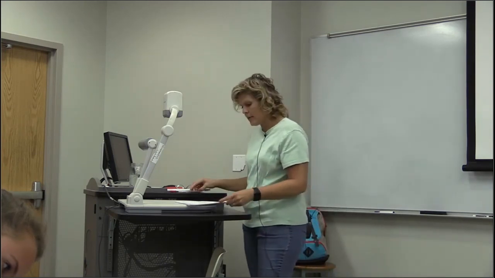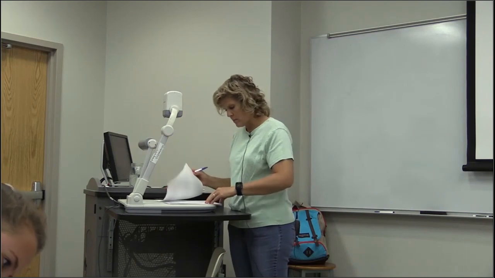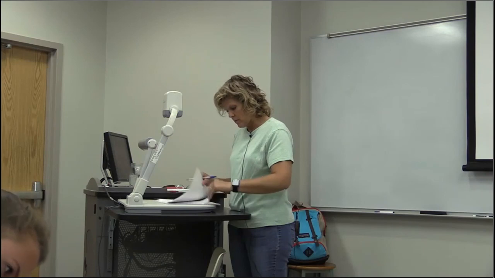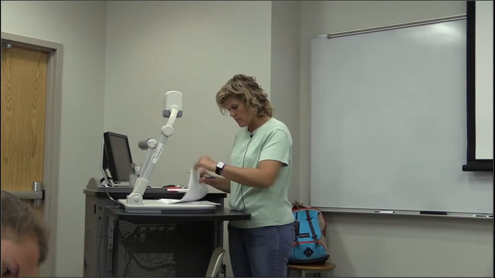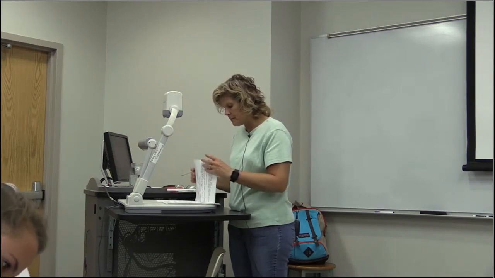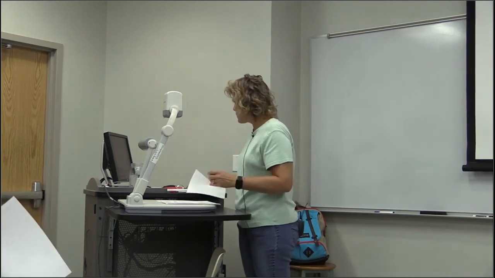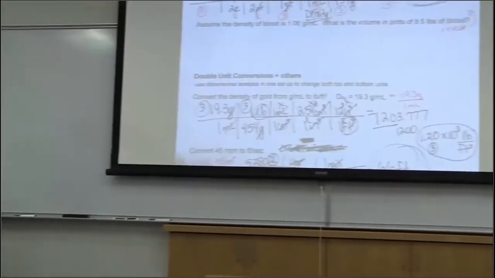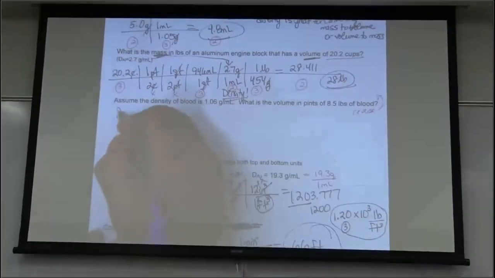Similar, but not exactly. There was another question over here, I thought? Yes. Wait, which one now? Oh, it's on the day 2 notes. And it's a question about density. Blood. Okay. Tell me what you have as the given. 8.5 pounds.